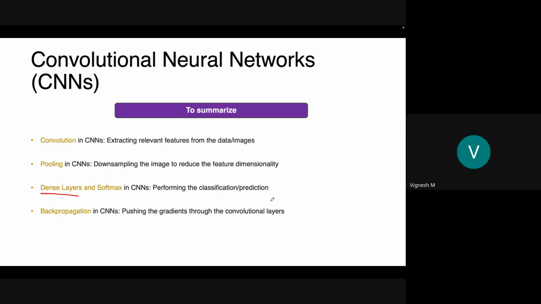And finally, the idea of backpropagation. That is, you are pushing the gradients through the convolutional layers, and you can imagine that there is a problem of vanishing or exploding gradients even in these problems, where people have now come up with many different types of networks which can tackle some of these issues. But the idea is you're pushing the errors through the network, through these convolutional layers, and updating the weights.